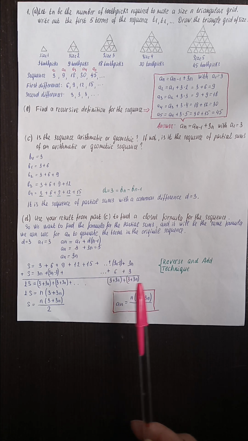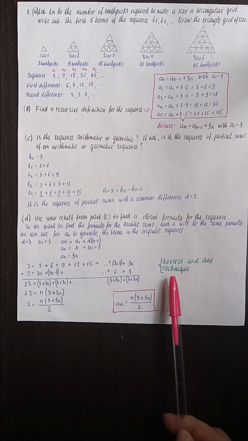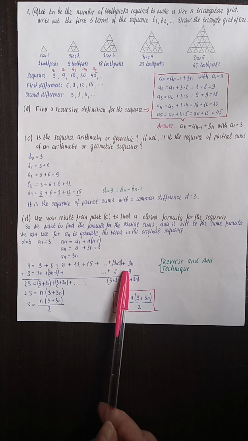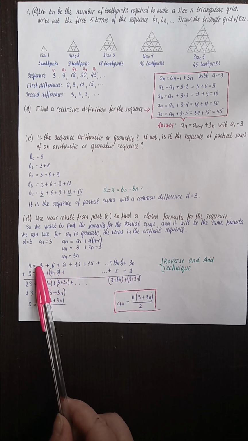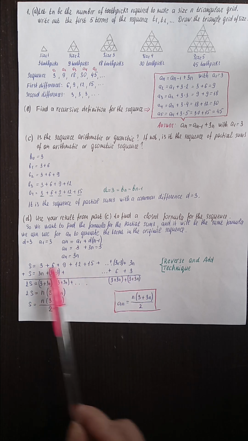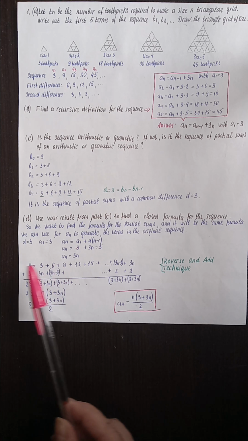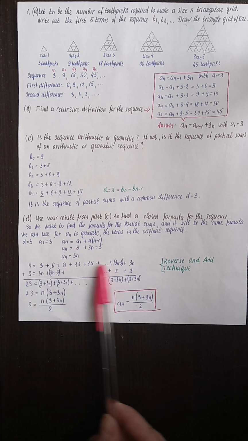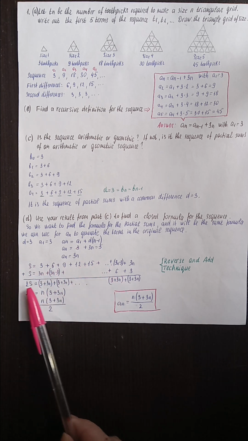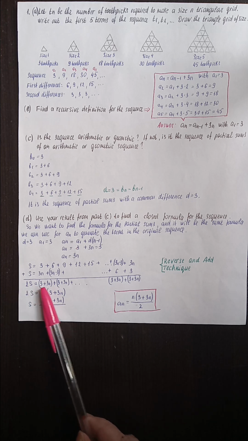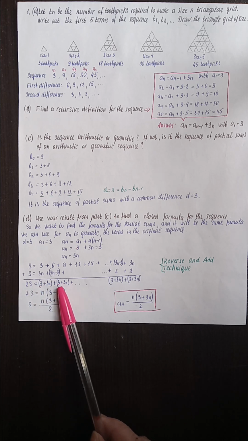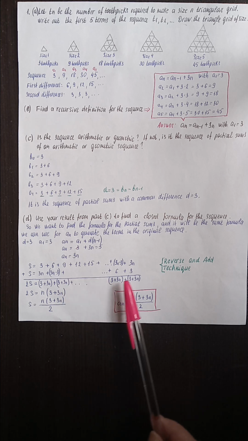We use the reverse and add technique. We reverse the sum, so 3n comes here first, and 3 will be last here. So we add the two lines term by term, and we get 2S equal to 3 plus 3n plus 3 plus 3n, and so on, up to plus 3 plus 3n.